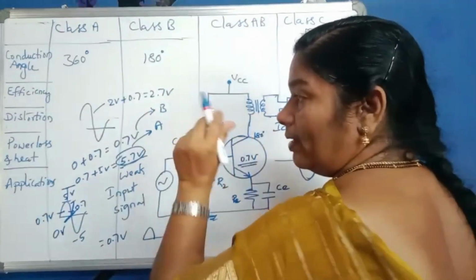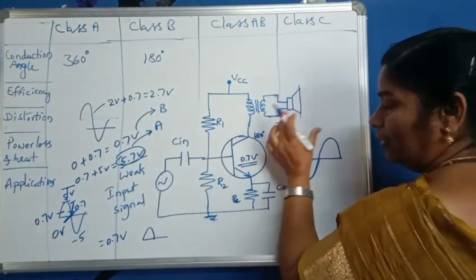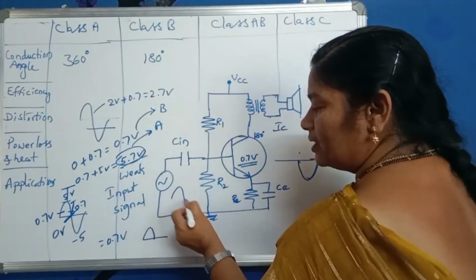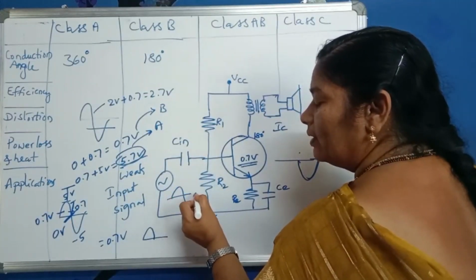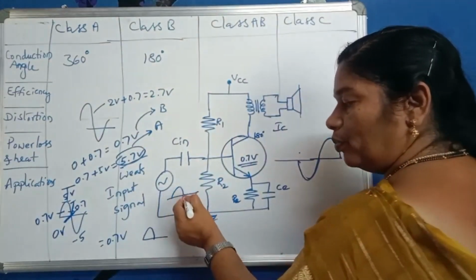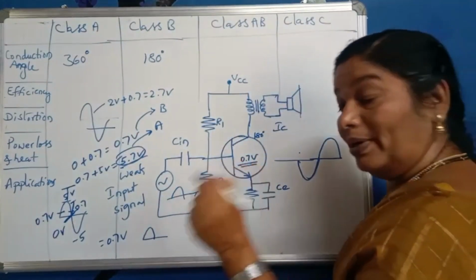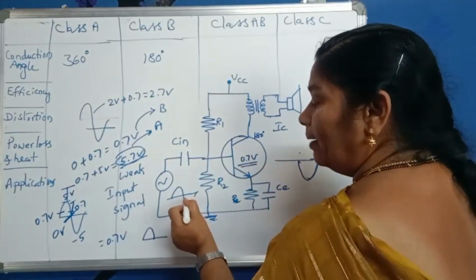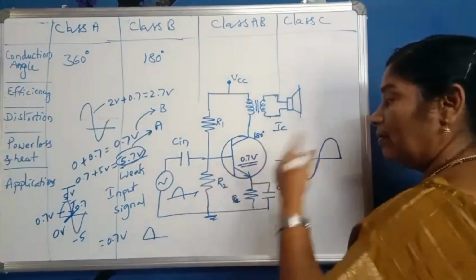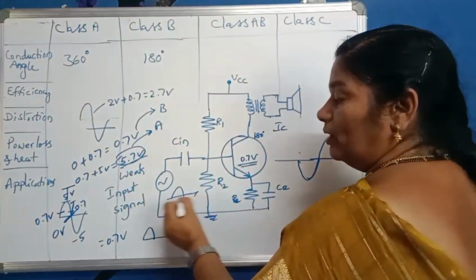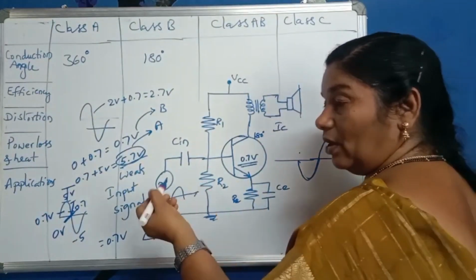This will make the transistor collector current flow for the complete half cycle of the input signal and a part of the negative half cycle. So you will get both positive and negative, but here the complete positive half cycle and a part of the negative half cycle will appear at the output.